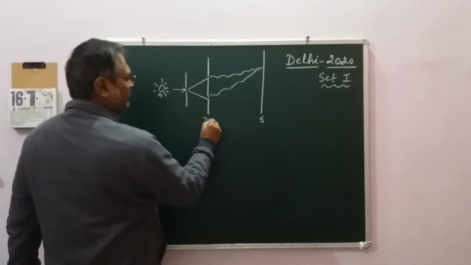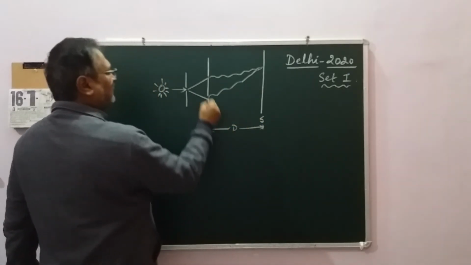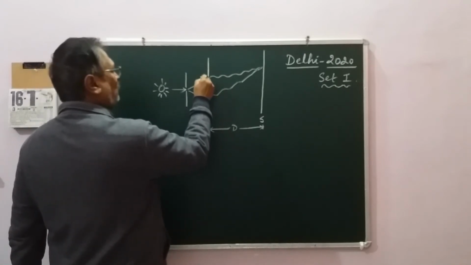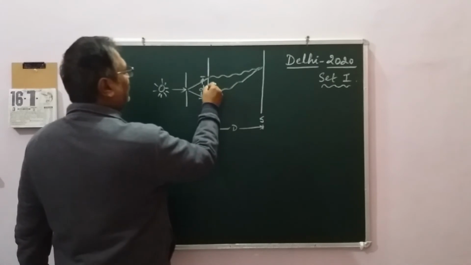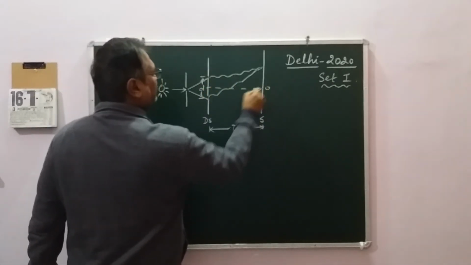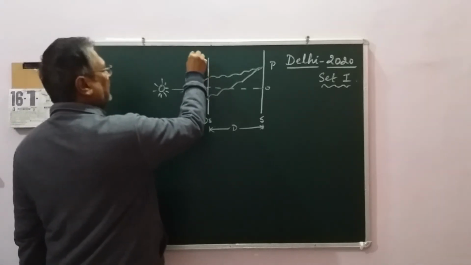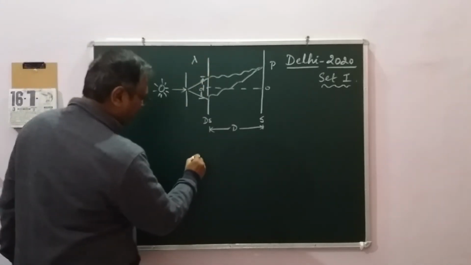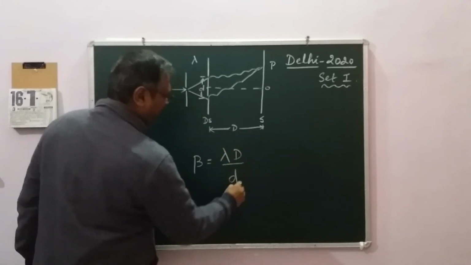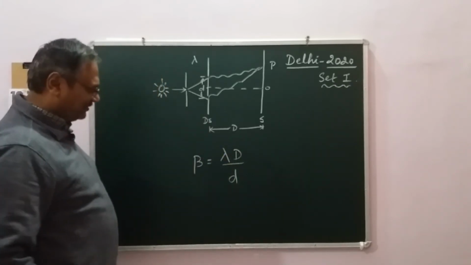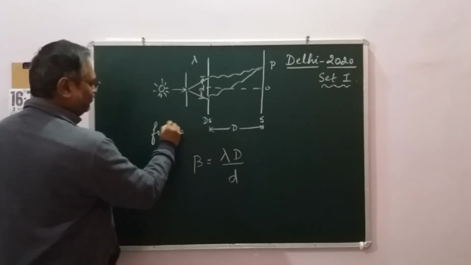This is the double slit. This distance is capital D and this distance is small d. This center point is here and this is some other point P. And the light wavelength is lambda. The fringe width beta is equal to lambda D upon small d. This is the formula for the fringe width.